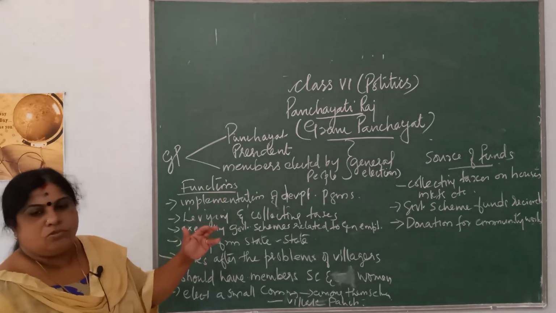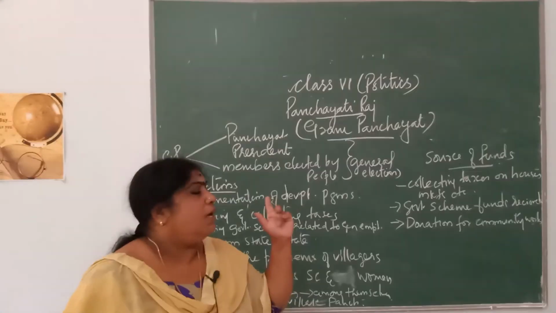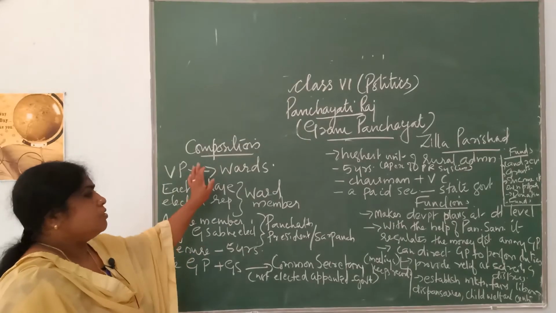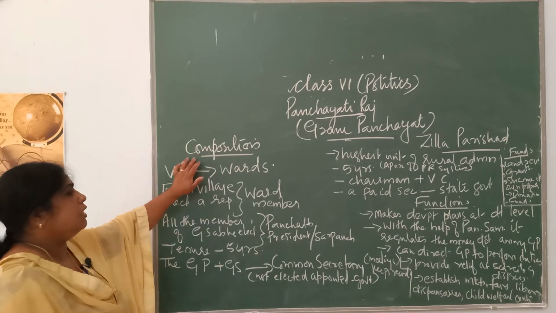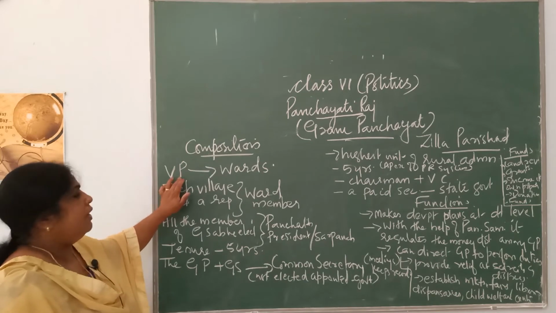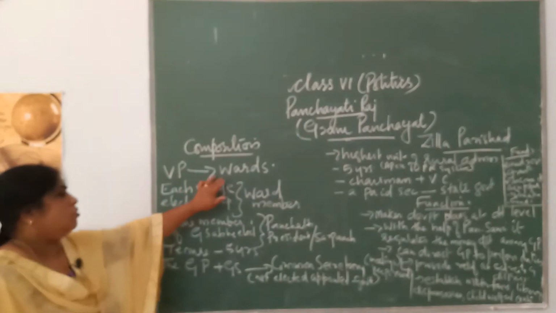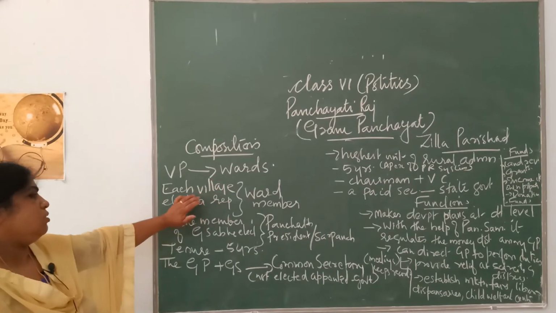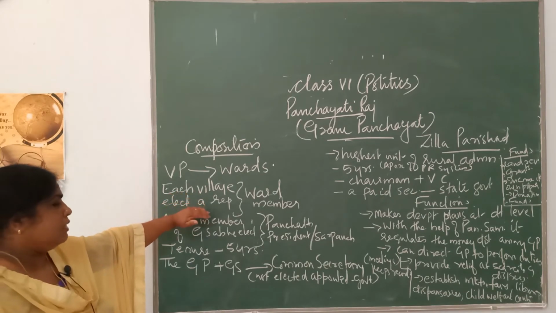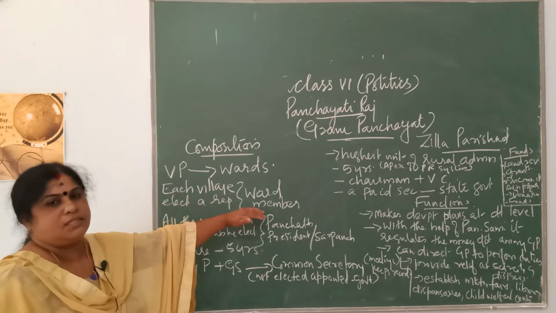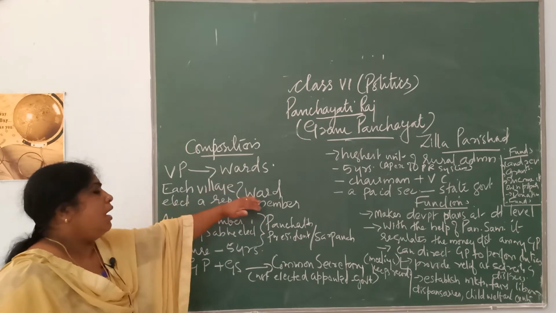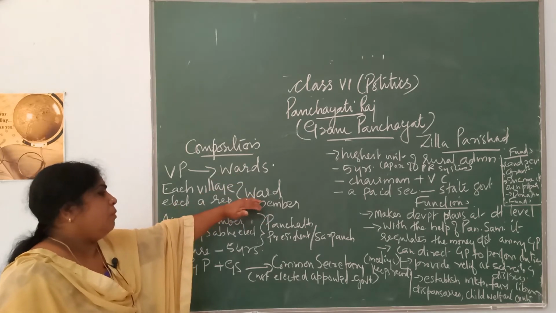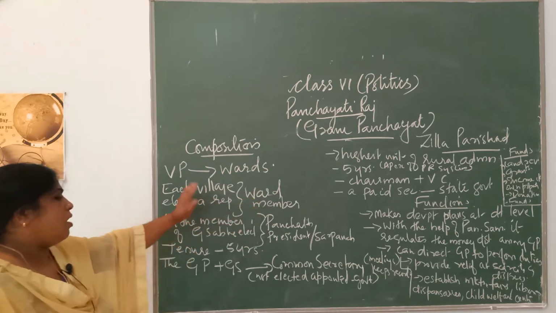Then we will move on to the composition of Grama Panchayat, or village Panchayat. A village Panchayat is divided into smaller units called wards. Members are elected from each and every ward, and these elected members are called ward members.